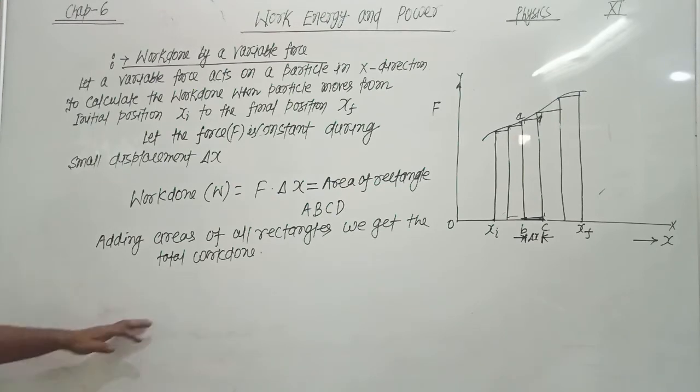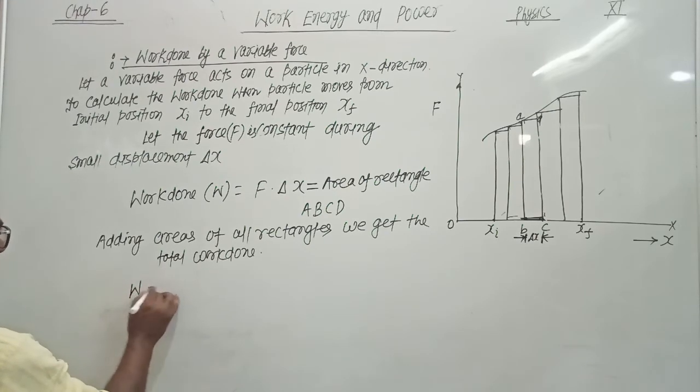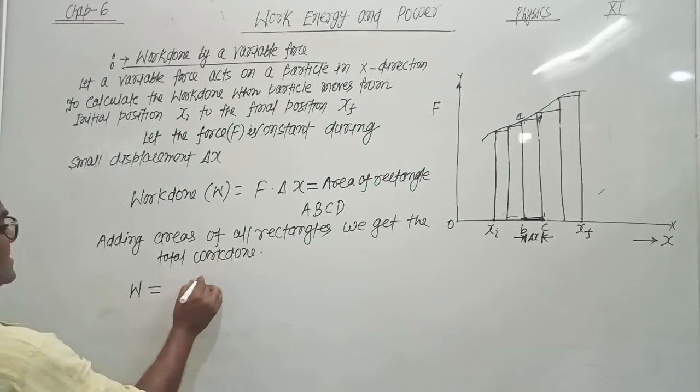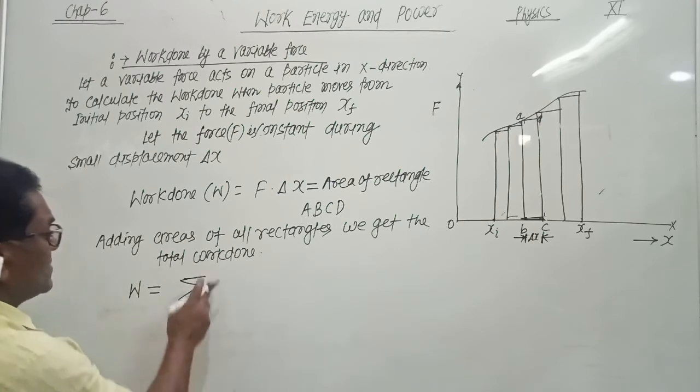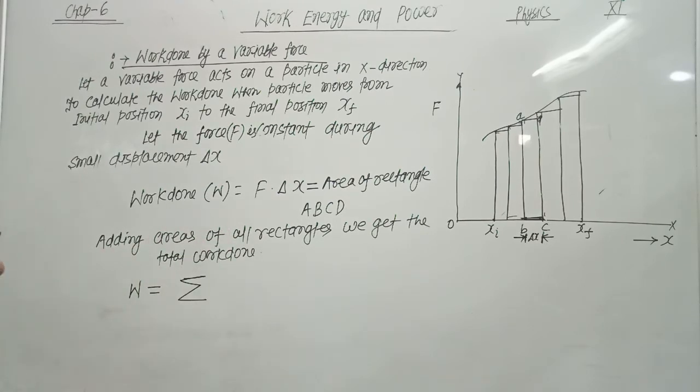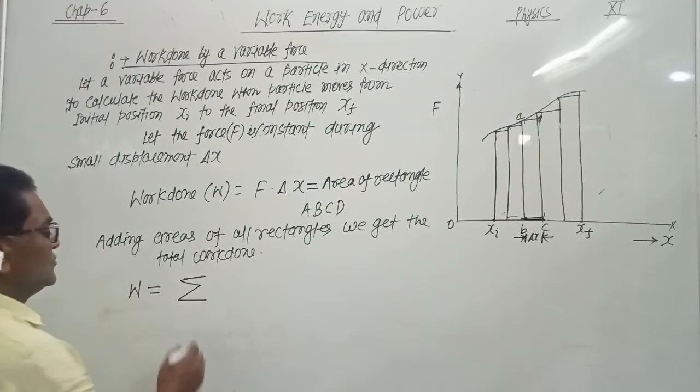Adding the areas of all rectangles, we get the total work done, written as W equals summation, sigma, from xi to xf of F into delta x. Sigma means we are adding all these small areas.